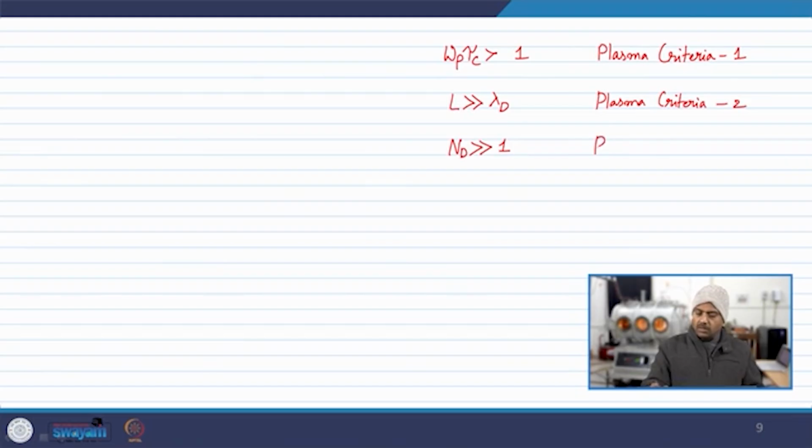So, this is plasma criteria 3. If this is not valid, plasma shielding will not be effective, all that, right. So, effectively we have now established all the plasma criteria, 1, 2 and 3, using the principles of plasma frequency and Debye's length and Debye's shielding, etc.